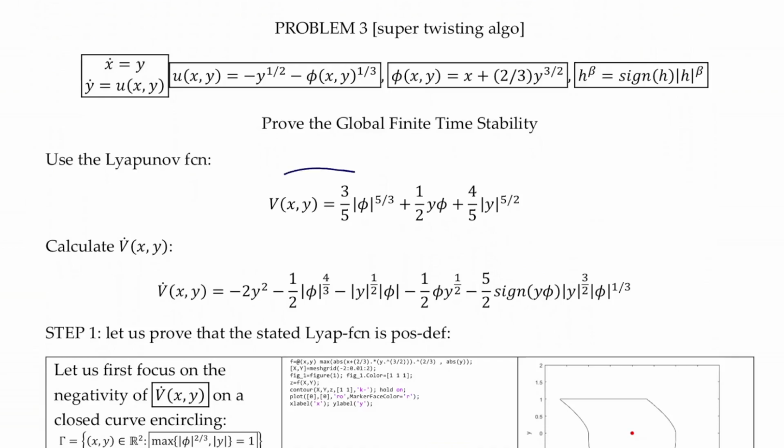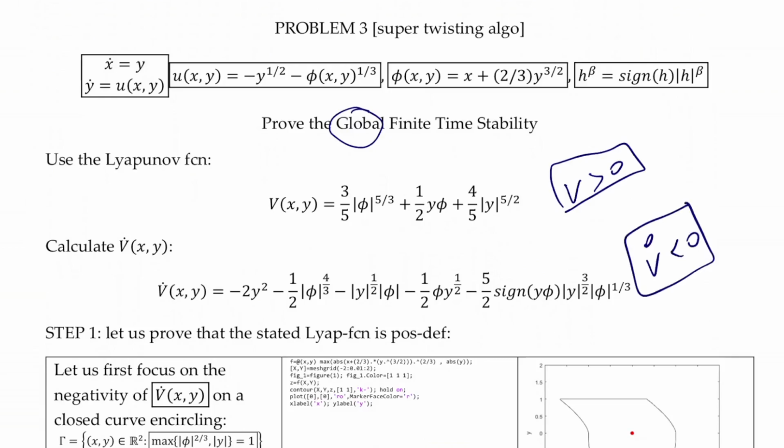This is the V, and first of all, since it is not obvious, you should prove that V is positive on R2, especially if you are trying to prove global FTS. That's why I said R2 and not D in R2. And V dot also must be negative in all R2.